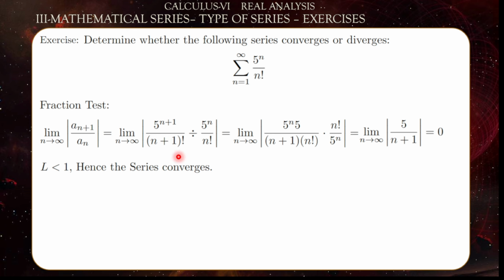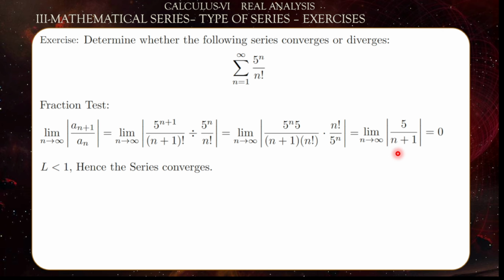So n plus 1 factorial is equal to n plus 1 multiplied by n factorial. Times n factorial in the numerator divided by 5 to the power of n, so you factor out 5 to the power of n, both in the numerator and the denominator. N factorial also vanishes.